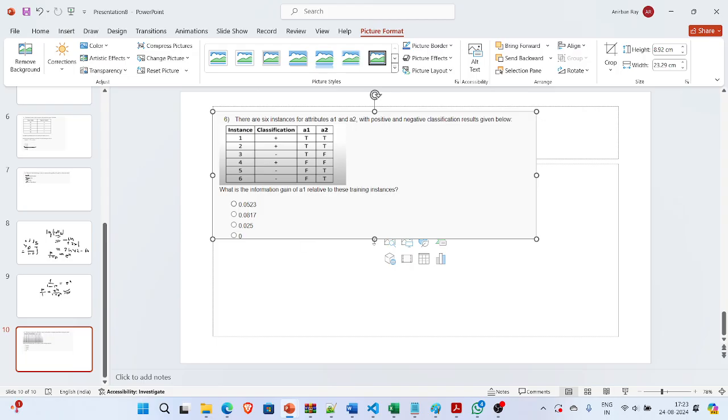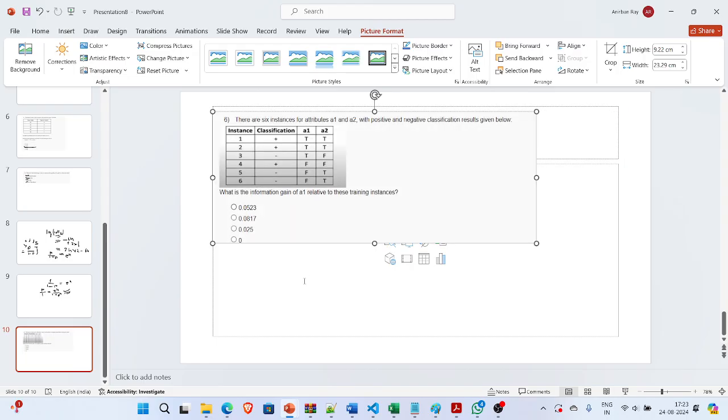We have six instances, whereas in the previous case we had 14. Classification is the y values, and a1 and a2 are the parameters.